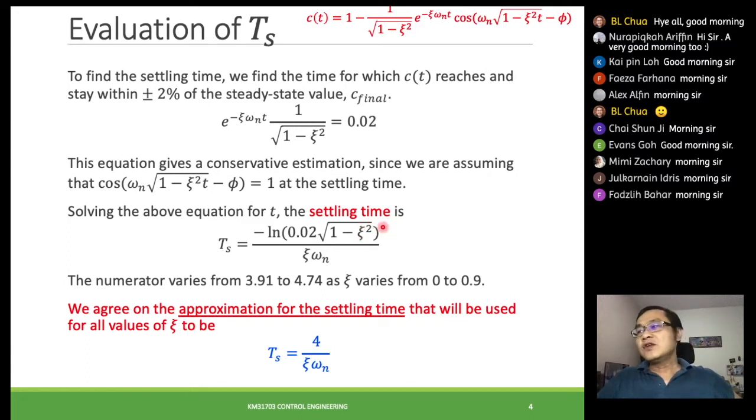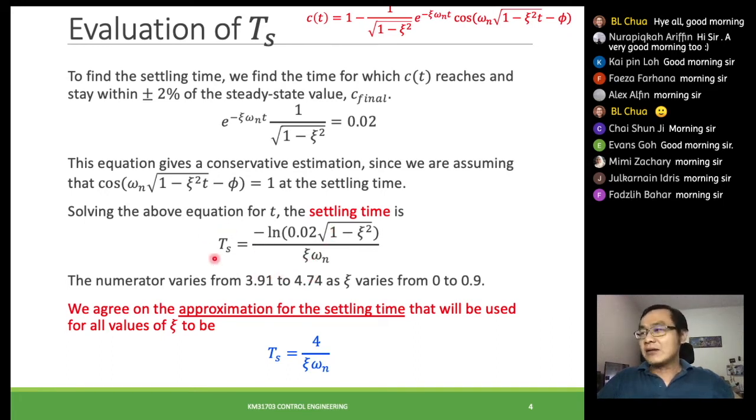If we vary the damping ratio from 0 to 0.9, this numerator's value changes from maybe 3.91 to 4.74. So you can try to change this.